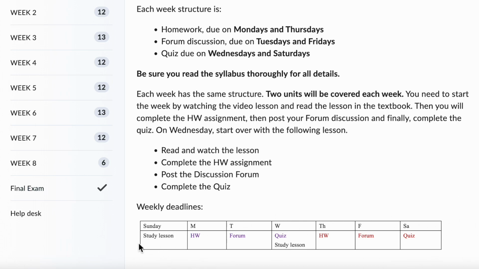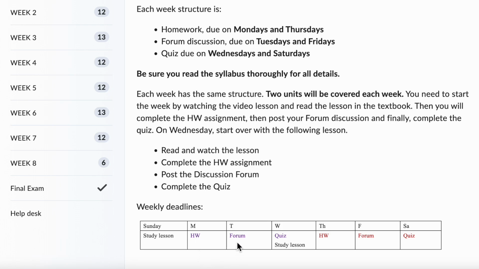The idea is that in each week we are going to cover always 2 lessons, 2 units. So on Sunday you will start by studying the lesson, meaning watching the video and reading the lesson in the book. So you start studying the lesson on Sunday, and on Monday is the deadline for the homework.